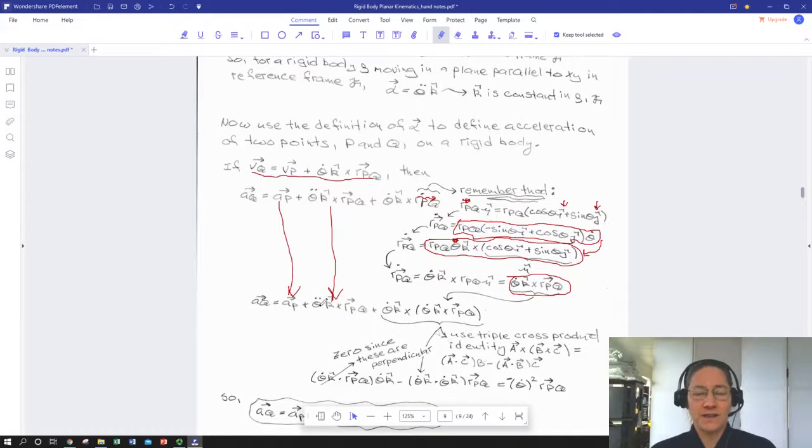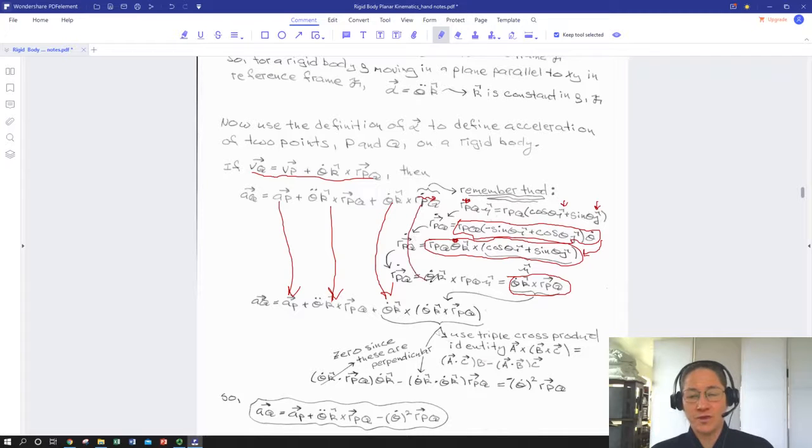Then we've got what's effectively our angular acceleration directed in the planar normal direction, crossed into our radius vector from point P to point Q. Now, we've got our rotational velocity crossed into what's in parentheses, and this one term we've just determined to be what's in the parentheses. We took our little derivation and we found an expression for the first time derivative of the radius from point P to point Q. We're representing it by what's in parentheses here.